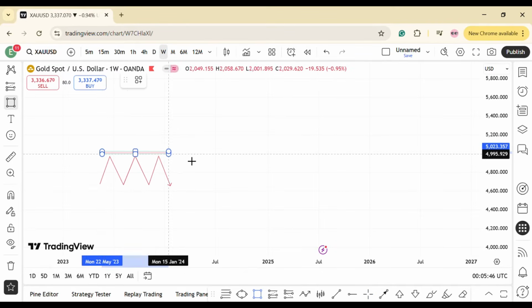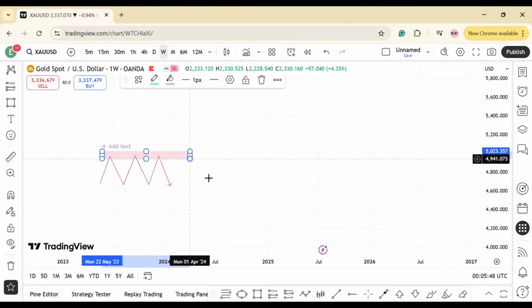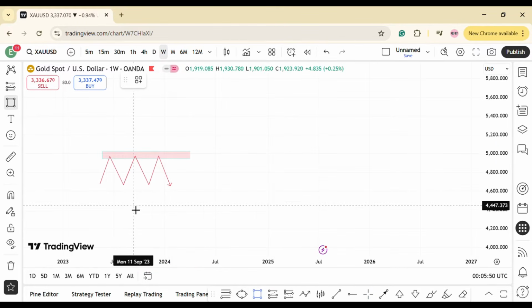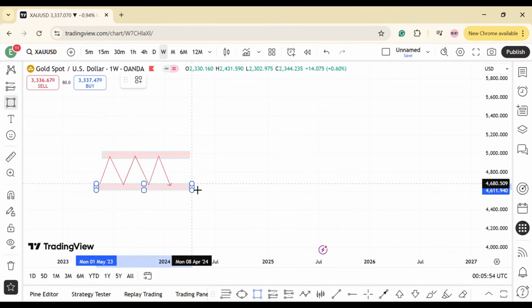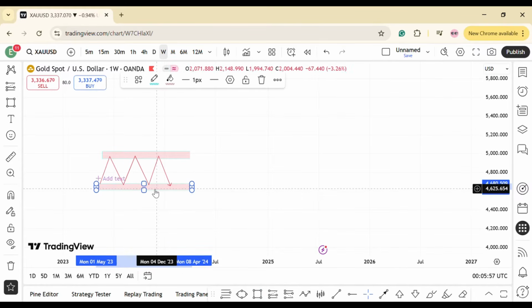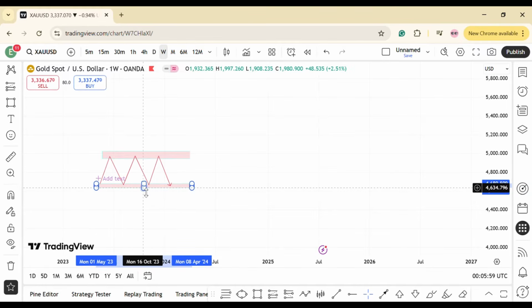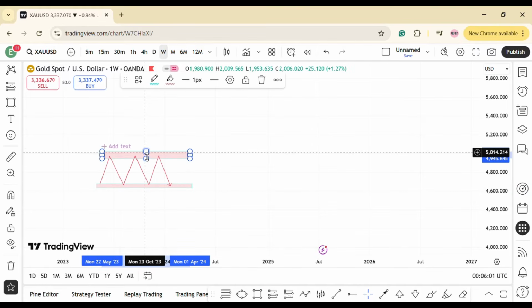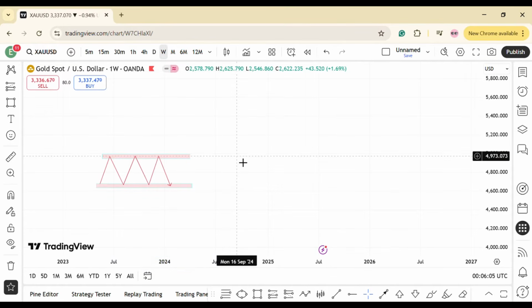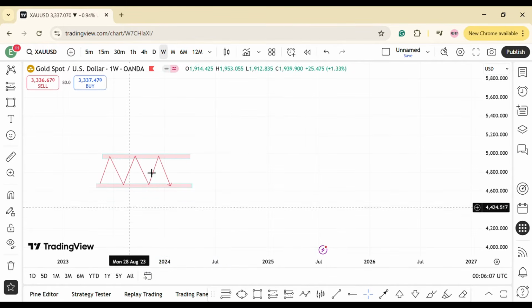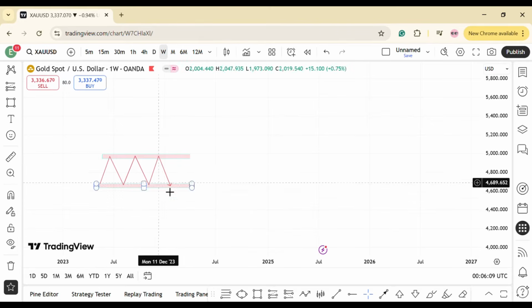This now becomes your resistance key level. This now becomes your support key level. This is it. The market creates all sorts of structure like this.